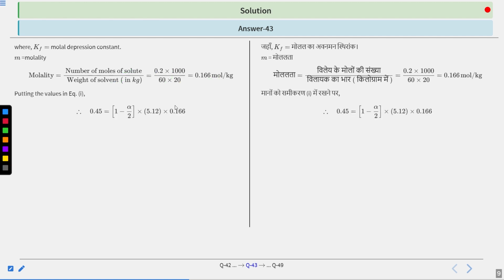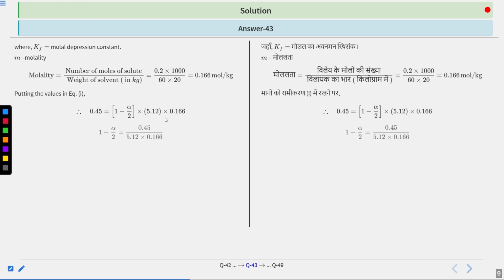So if you put this here, you will get 0.45, which is the depression, equals 1 minus alpha by 2, times 5.12, which is the Kf value, times 0.166, which is the molality.